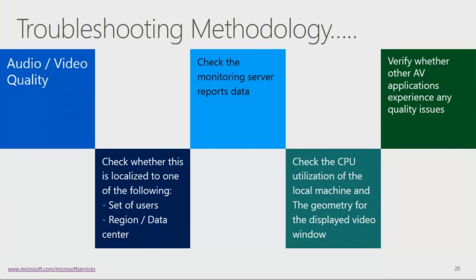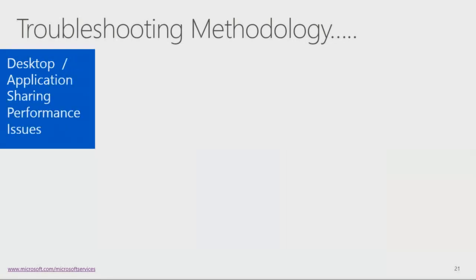Checking the CPU utilization sometimes helps, because on the local machine, if the quality is poor, you can look at the CPU and try to correlate what exactly is wrong. The geometry of the video size, you can see if the user is doing anything with that. Those are a few things you can do to help isolate the issue.